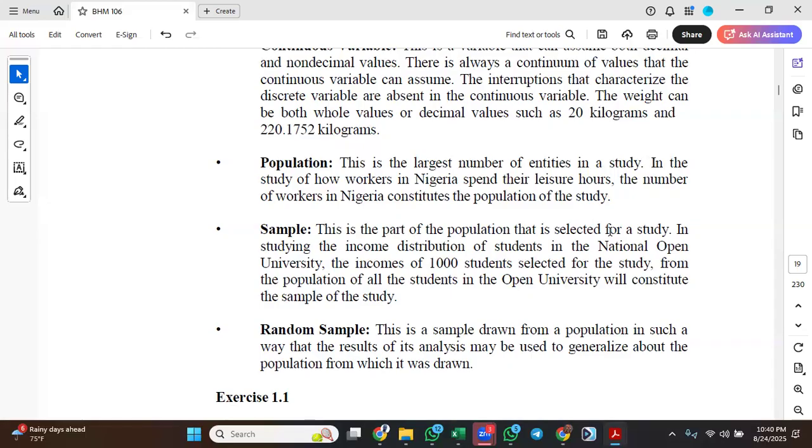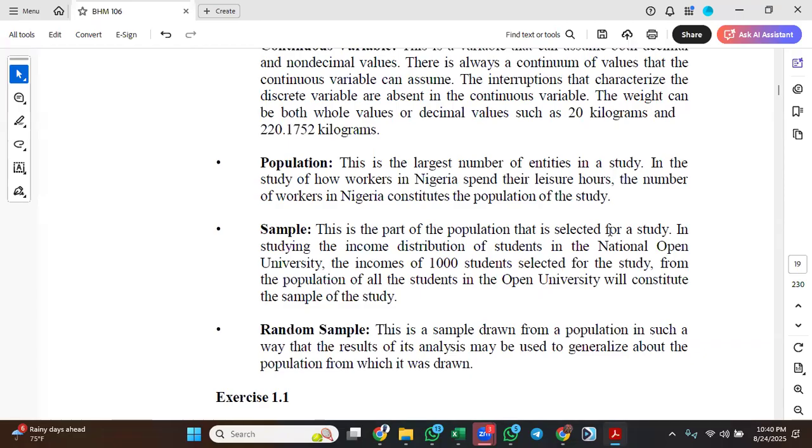The reason why you are able to do that is that even though our concern is the average height of a primary school pupil in Nigeria, and we have several primary schools in Nigeria where we cannot go to all of them, we get a sample. So what we do is we select out of the population, which is the 1,000 primary schools that we have in Nigeria.